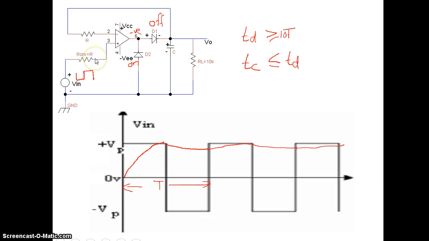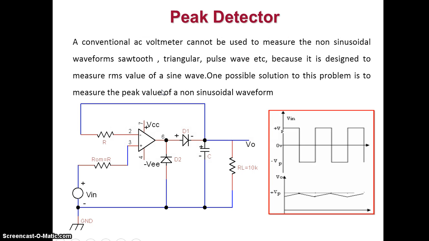Also this one will minimize the offset problem. Now the diode D2 conducts during the negative half cycle of the input voltage, so it will prevent the op-amp from going into negative saturation. So that's the working of a peak detector. Thank you.